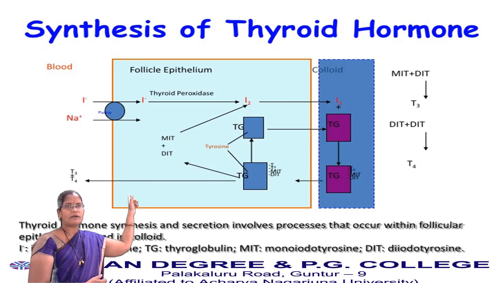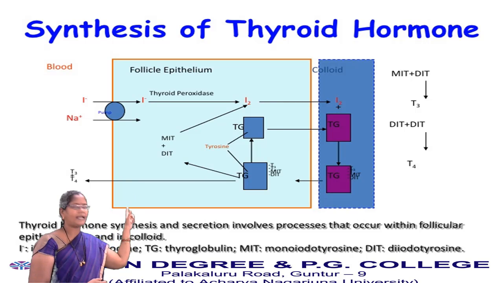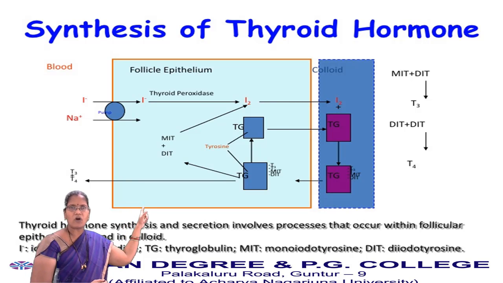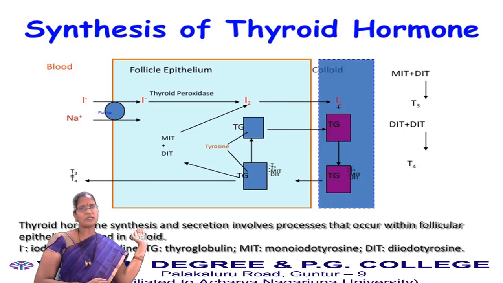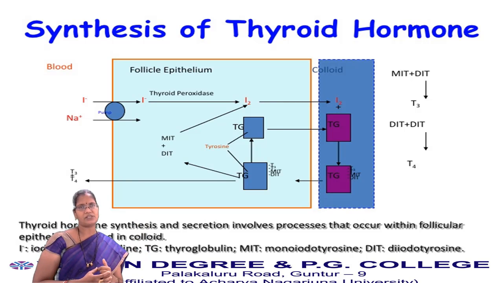The iodine which is taken through the diet will enter into the blood, and from the blood, through the NIS, that is the sodium iodide transport system, it will enter into the follicle cell, passing through the follicular epithelium. In the follicle, this iodide will be organified.